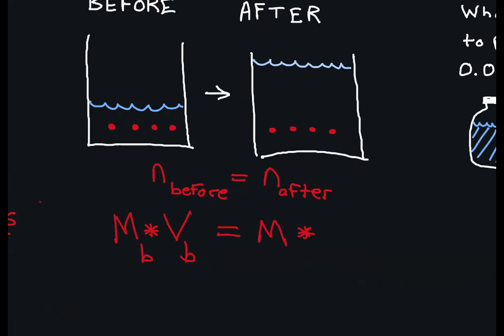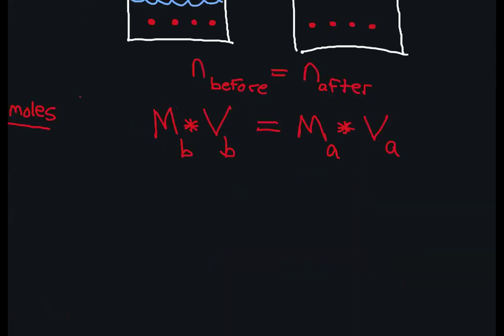So usually the way you see this equation, which is known as the dilution equation, written is M1 V1 equals M2 V2.